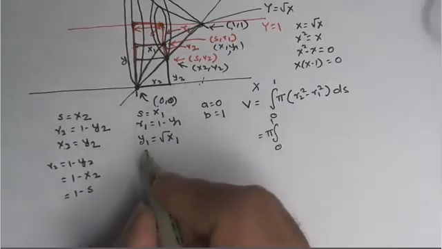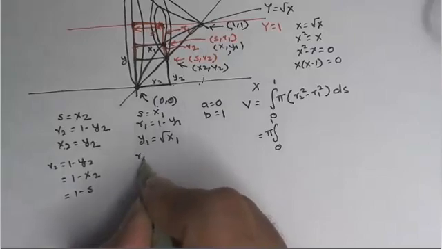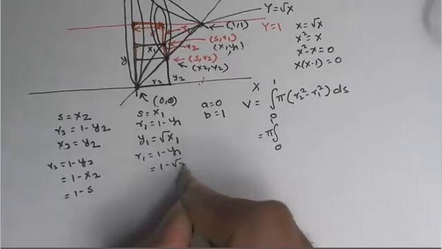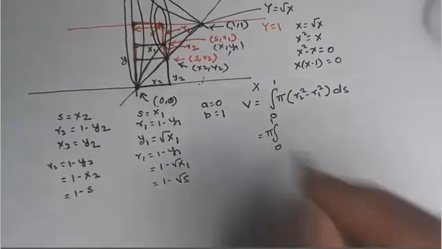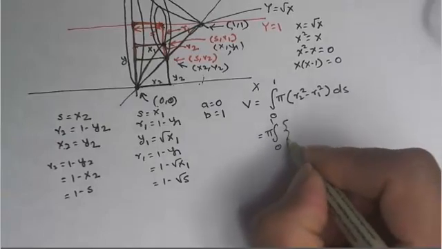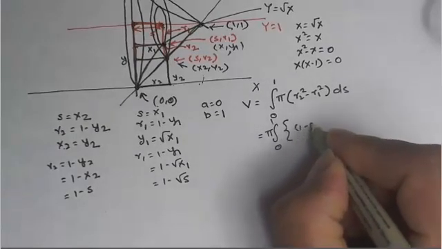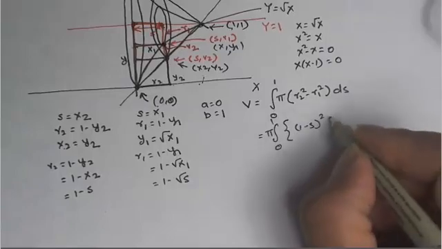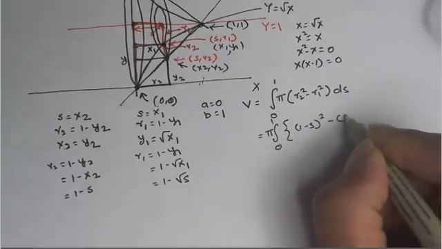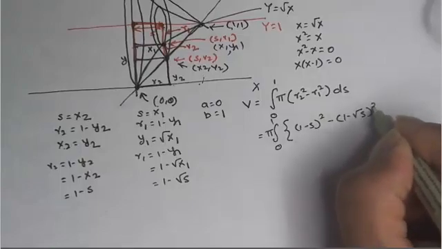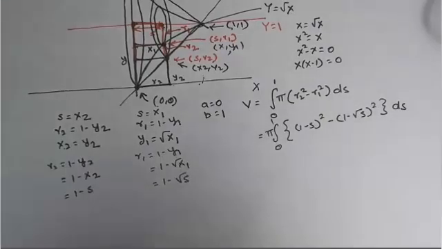Let's do this as well. R1 equals 1 minus y1, y1 equals square root x1, x1 equals s, so 1 minus square root s. So this is (1 minus s) squared minus (1 minus square root s) squared ds.